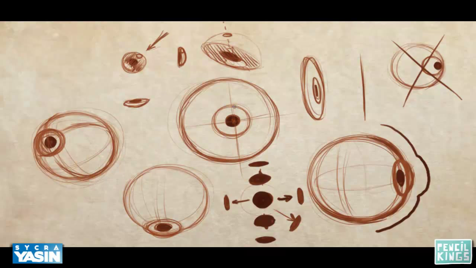So what happens is you often see this. You'll see a highlight, and that's by far the brightest highlight. But then you'll see opposite to the highlight, a lighter area in the iris.